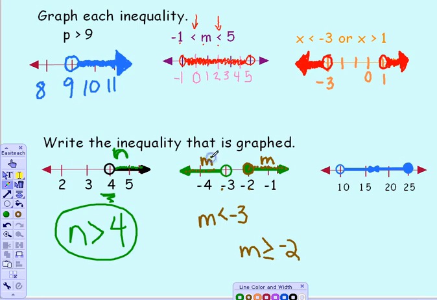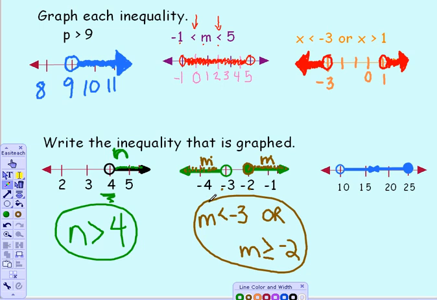Since these two m's are separated, we do not put this compound inequality together. This is an inequality that we would separate by or. So m could either be down here, less than -3, or it would be up here, which is greater than -2. There's our compound inequality.